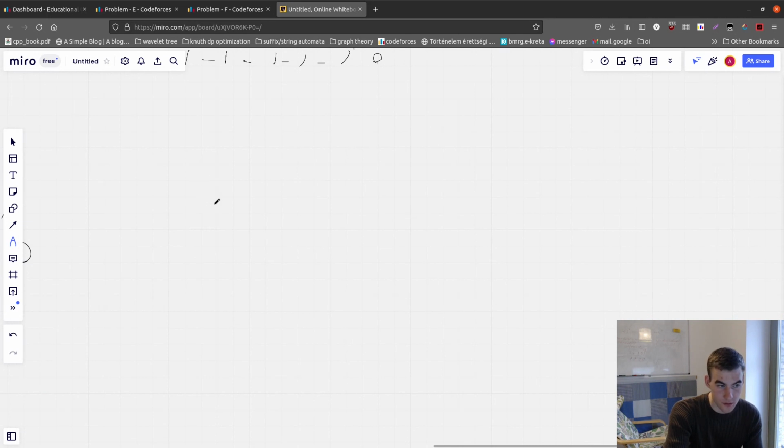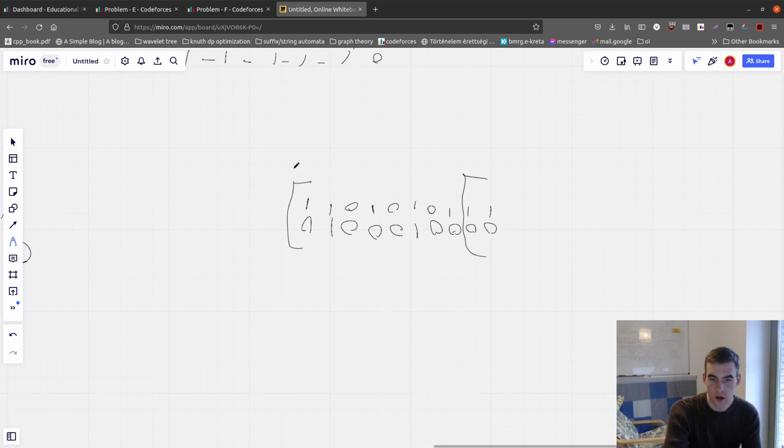With 2 rows, I check the number of components up to L, and I check the number of components up to R. So number of components up to L, 1, 2, 3, 4, let's do 5, 6, and I subtract the number to R, 3, minus 3, and I add the number of components that cross, which is equal to 6 minus 3 plus 1, that's 4. So it's 1, 2, 3, 4. Yeah, okay, that's correct.